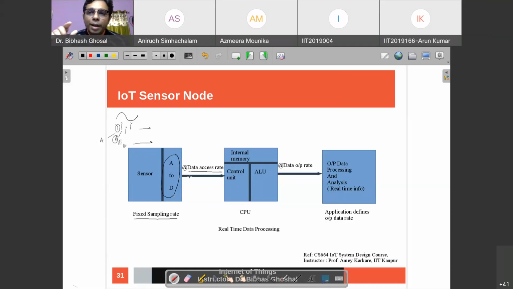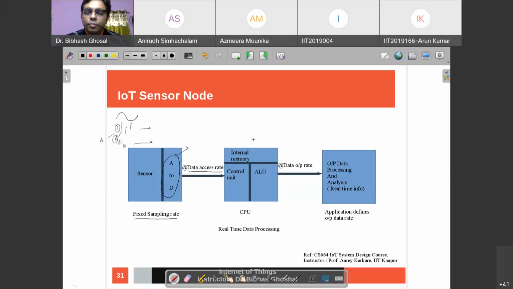So there should be a balance between the rate at which the data is captured and sent to the CPU. It's very, very important to consider that. Now, if you use more samples, it is better. The more frequent samples you use, the better. But the problem is that there's a capacity at which this particular thing can work, but they may not be able to work at that same rate.